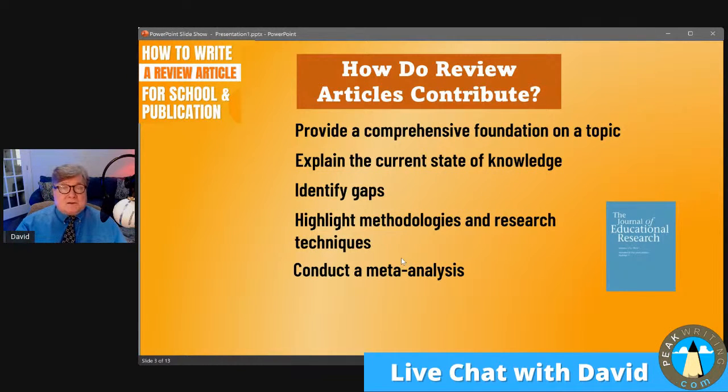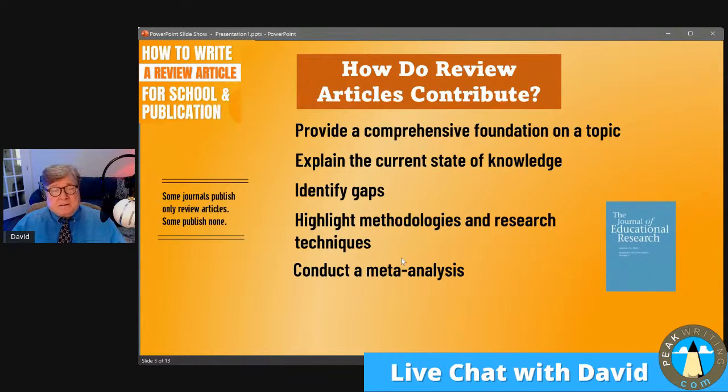What the meta-analysis does is take statistics from each of those articles and then evaluate those statistics for certain trends, for certain outcomes, for certain conclusions. That is a meta-analysis. It's a statistical form of a review article.